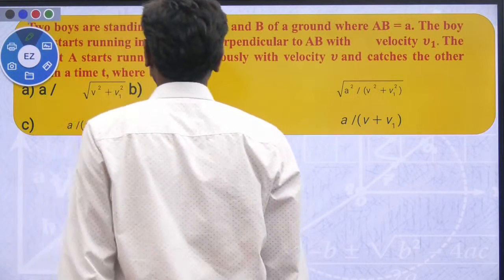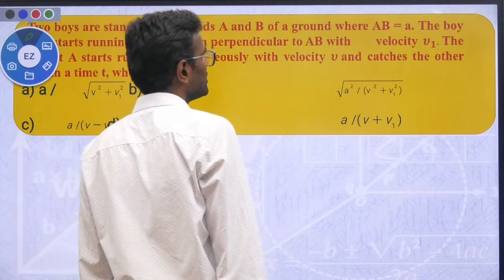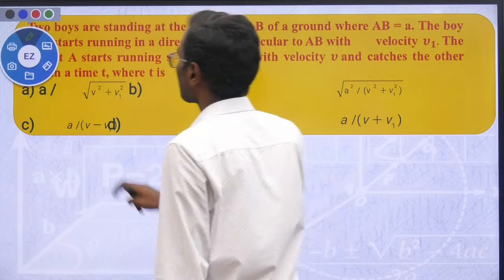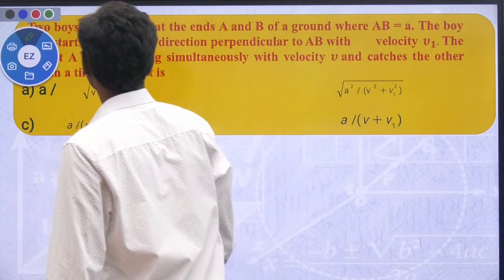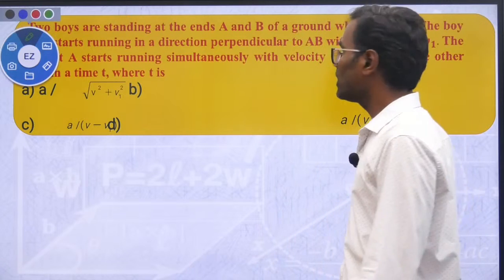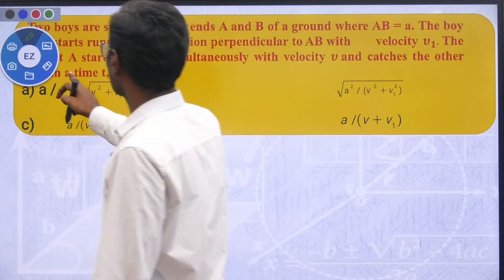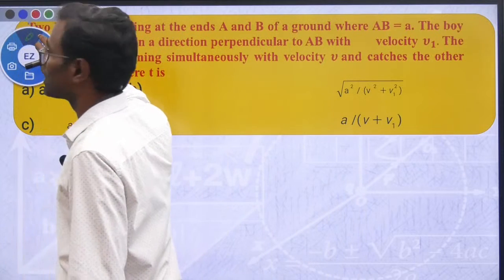Two boys are standing at the ends A and B of a ground where AB is equal to a. The boy at B starts running in a direction perpendicular to AB with velocity v1.